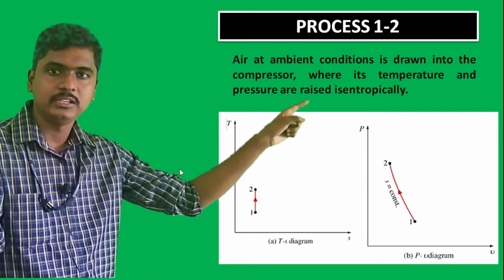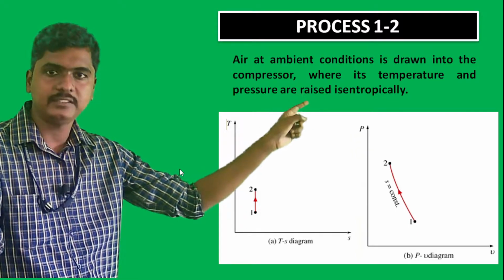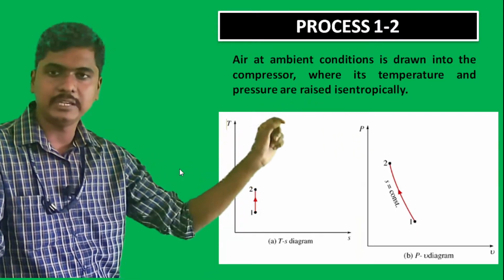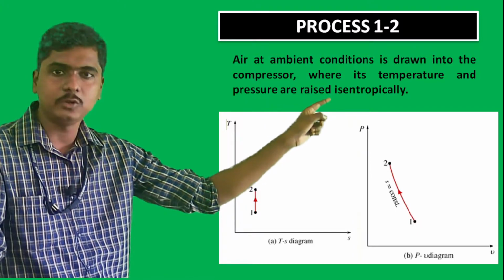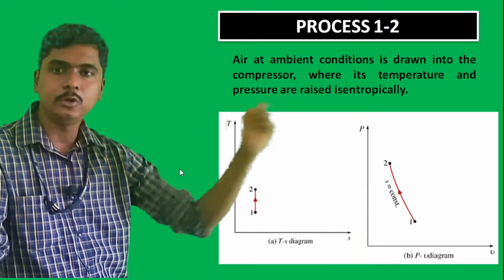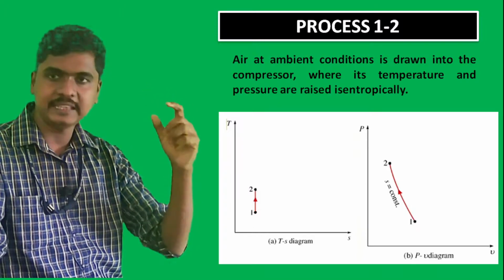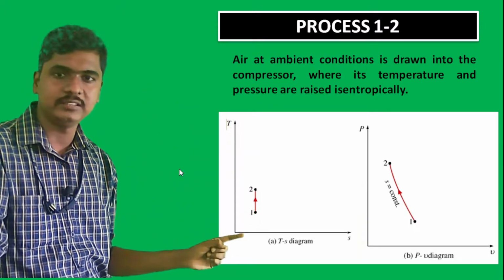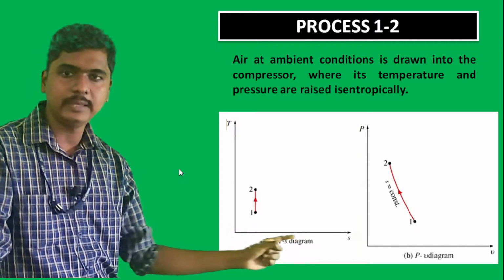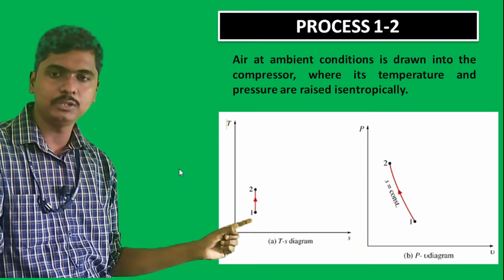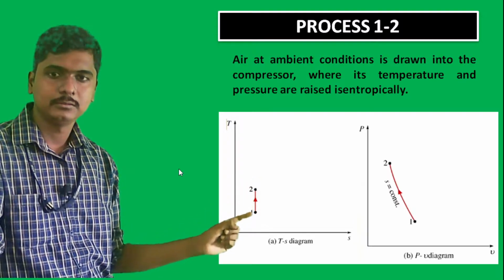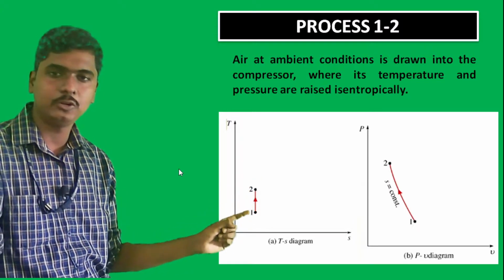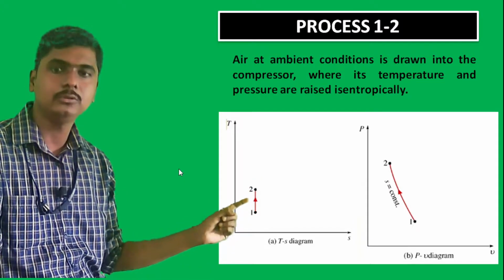Since I told you the temperature and pressure are raised isentropically, isentropic means isoentropic. Iso means same or constant. Entropy will remain constant. Since the x-axis is the entropy axis, process 1 to 2 you can see a constant line. Entropy is constant during process 1 to 2.